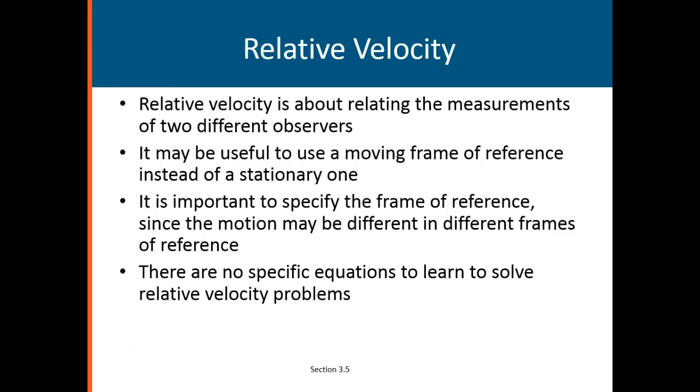Okay, that's your cousin's fault. No. Relative velocity is about relating the measurements of two different observers. Have any of you ever ridden trains much? Trains move pretty smoothly. Tracks are pretty smooth, and sometimes you can hardly tell when you're moving.